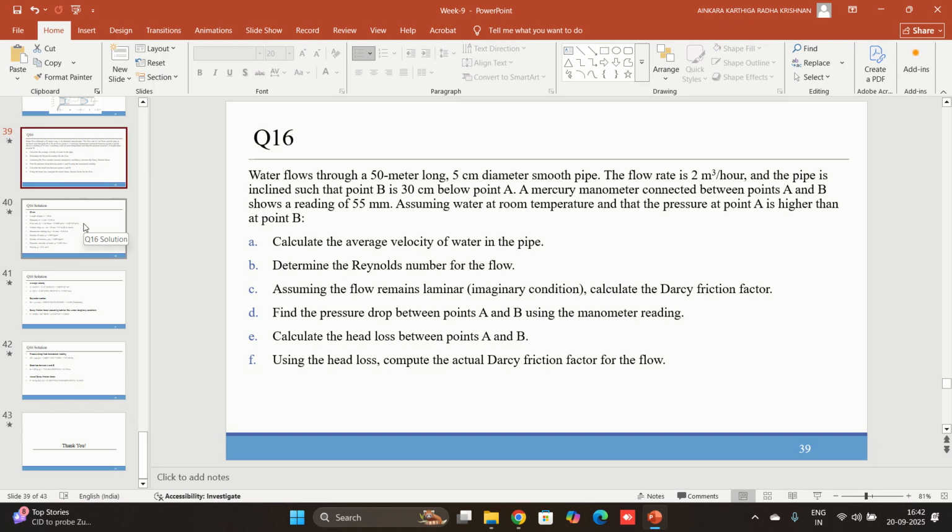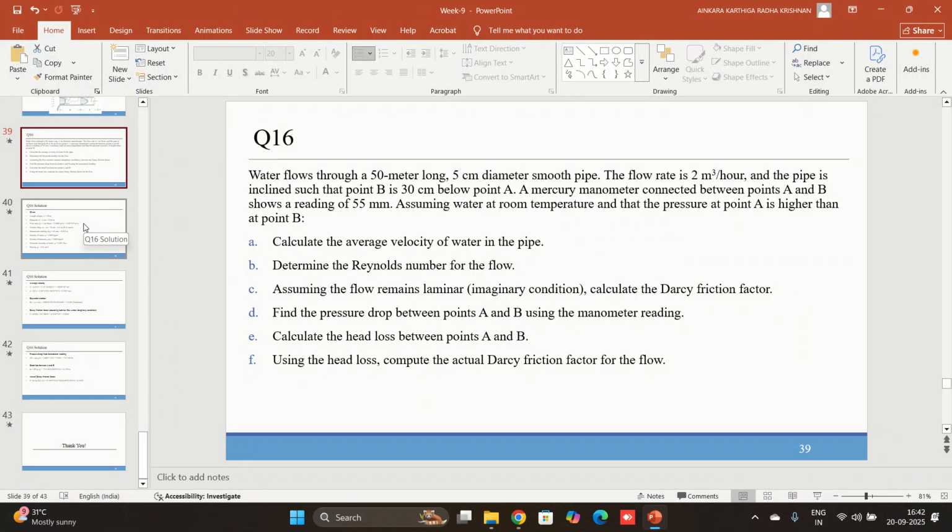So to quickly revise the 16th problem, we calculated the average velocity from the flow rate formula. Q is equal to A into V. Basically that is what we do everywhere, right? Volumetric flow rate is equal to cross sectional area into velocity.